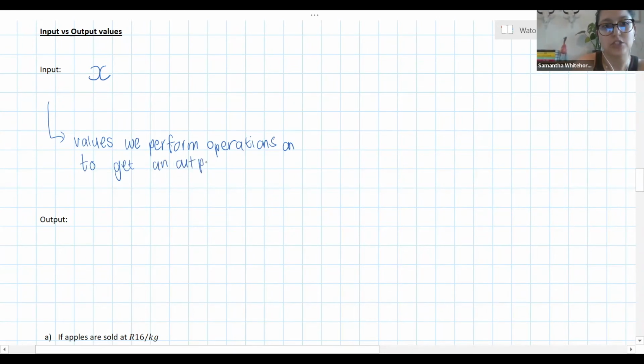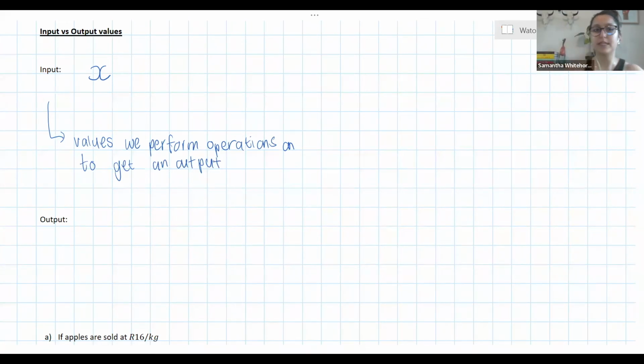Okay. So when I say perform operations on, I can say to you, times your X by 2 and tell me what the answer is, or add 1 to your X value and tell me what your answer is. Or I could say times your X value by 3 and subtract 5 and tell me what your answer is. But basically we perform a whole bunch of different operations on an X value in order to get an output.